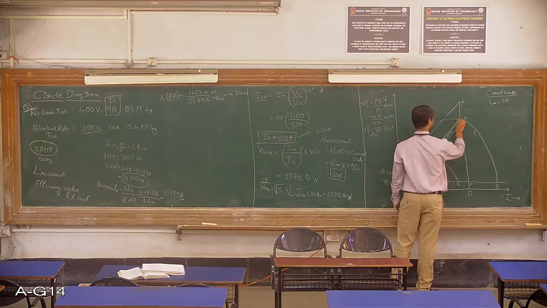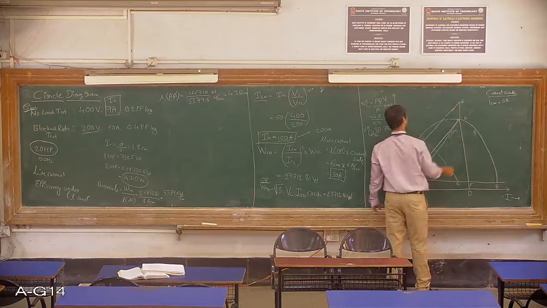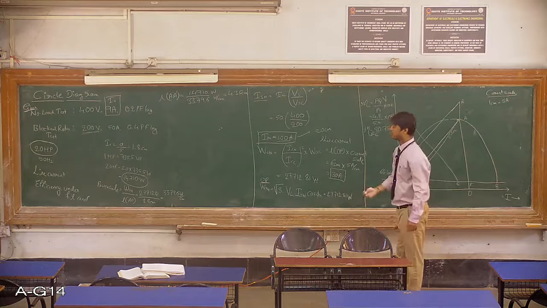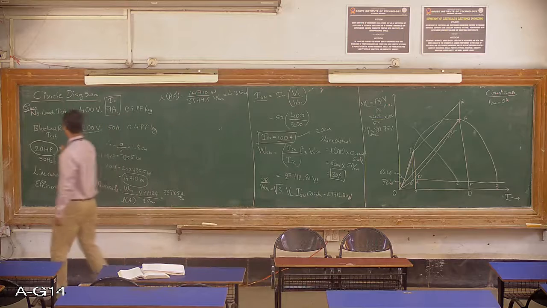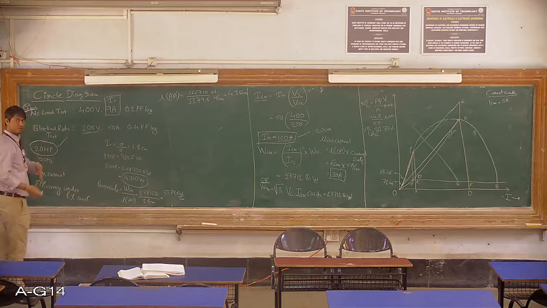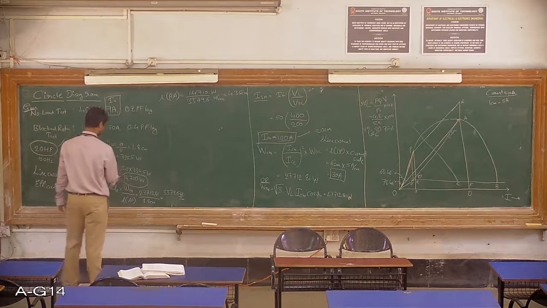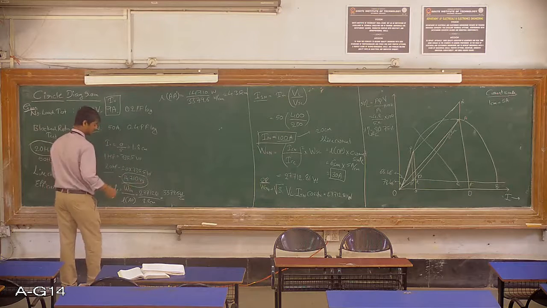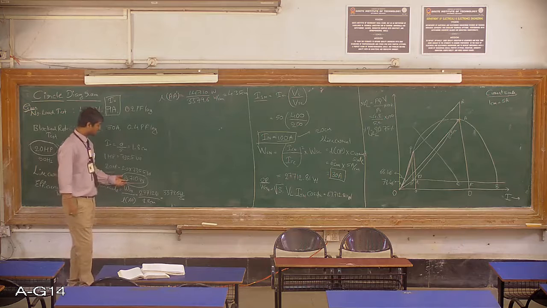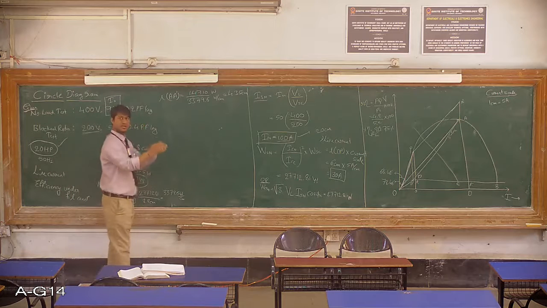From the point A, I should be extending the line vertically upwards for the output. Now we know that the output is 20 HP, the actual output available on the shaft of the machine. So 20 HP is nothing but 14,710 watts.